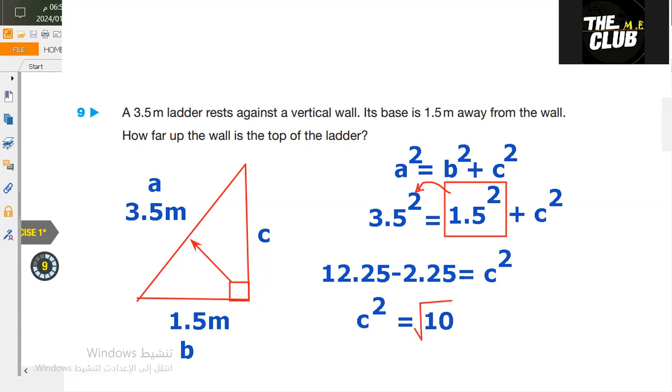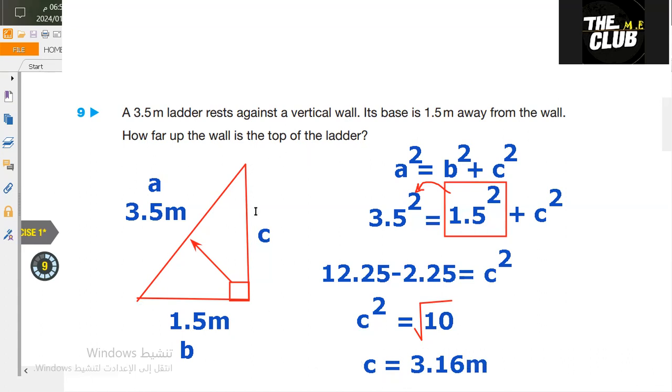So at the end, C will equal the square root of 10. The square root of 10 is 3.16, to three significant figures. So it's 3.16 meters. And this is how you answer the question like this.